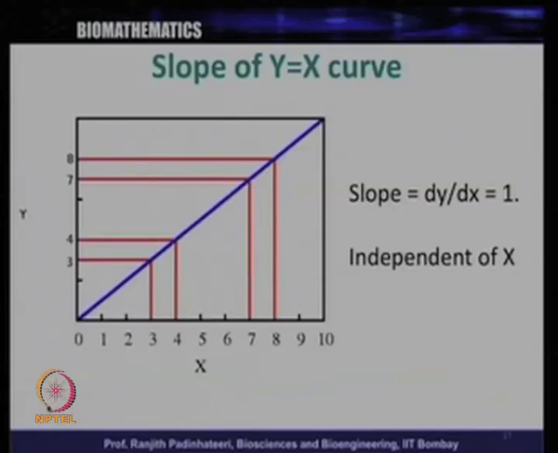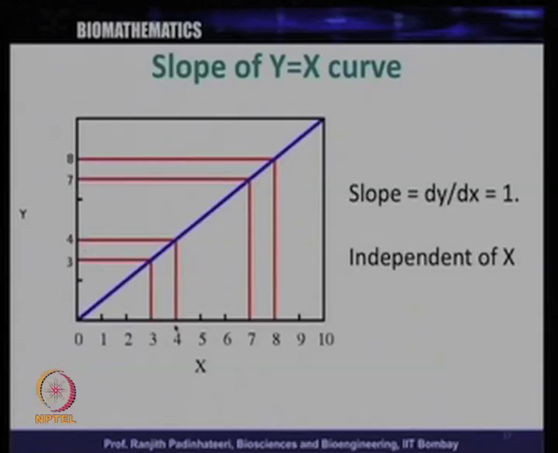See this graph, the blue line is nothing but y equal to x. Now, if we want to calculate the slope of the y equal to x curve, draw a line like this, starting from the x axis, calculating the corresponding value of y, and another value at the x axis. If you start two lines from 3 and 4, they end up at 3 and 4 here. That is, if you change the x value from 3 to 4, the corresponding y value also changes from 3 to 4.